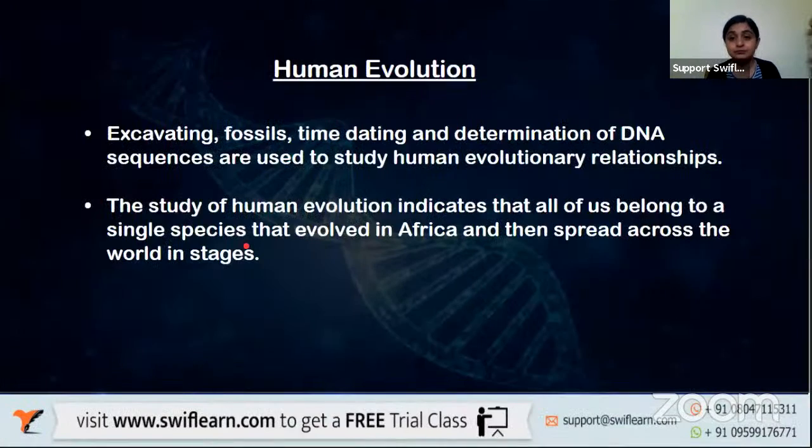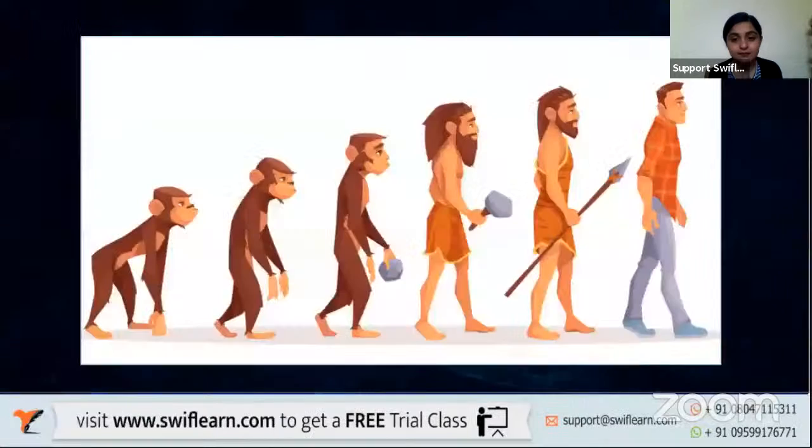Now, human evolution. Excavating fossils, time dating, and determination of DNA sequences are used to study human evolutionary relationships. The study of human evolution indicates that all of us belong to a single species that evolved in Africa and then spread across the world in stages, isn't it?